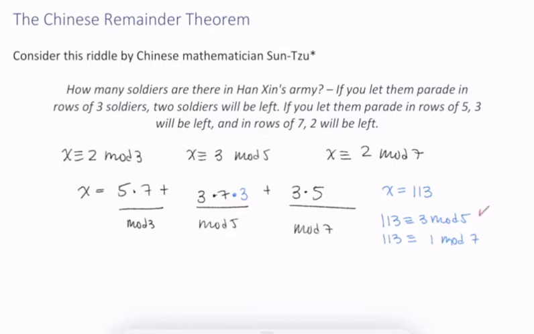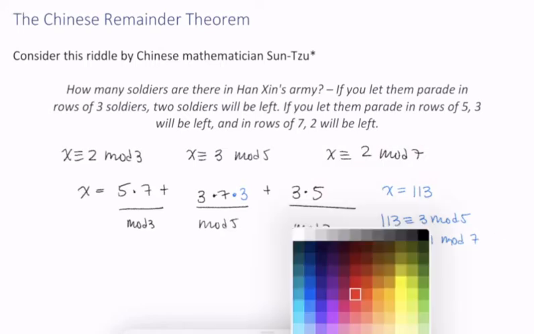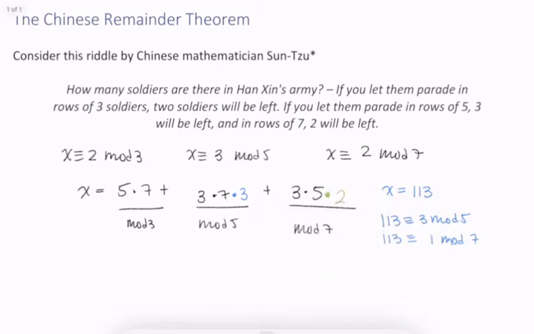So this one worked out and this one did not work out. So let's think again. We want our x to be equivalent to 2 mod 7. What number can we multiply 1 by so that it is equivalent to 2 mod 7? If you said 2, you're correct. So for our final value, let's multiply a 2 there.